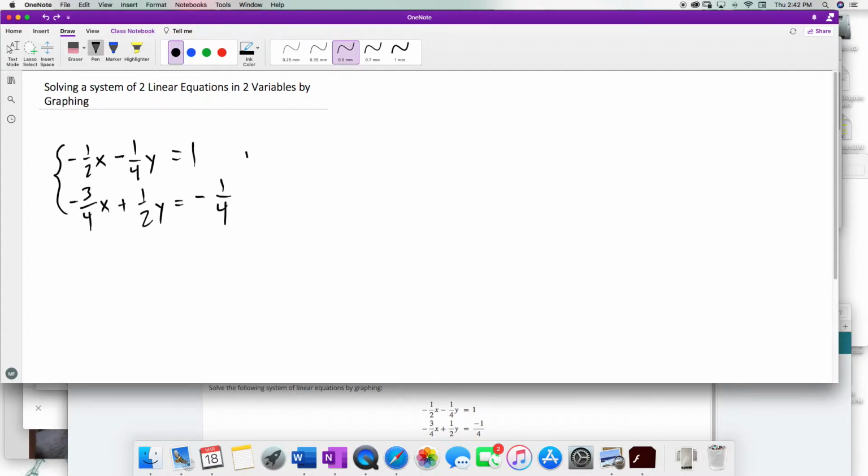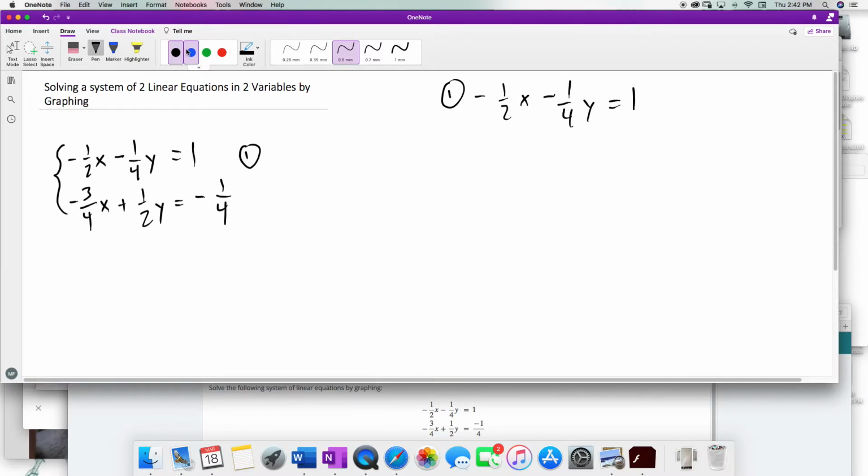So let's take this first equation here. We have negative 1/2 x minus 1/4 y equals 1. There's a couple things we can do. Some people like to eliminate fractions right away. Other people don't. I'm going to just leave them in for now because there's no reason to be afraid of fractions, and so let's just keep them around, and then we'll get rid of them if we have to.